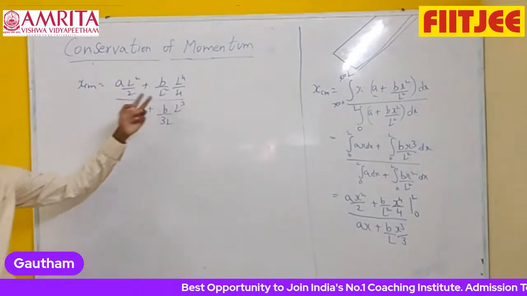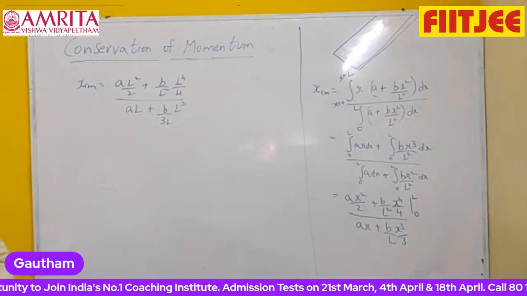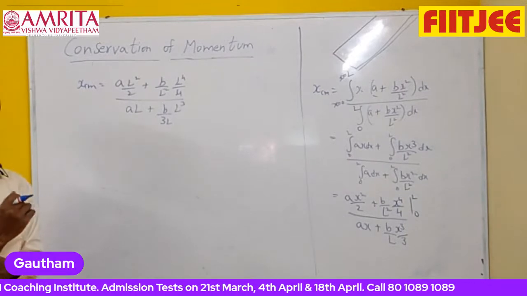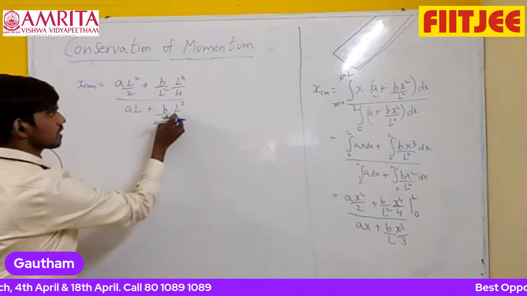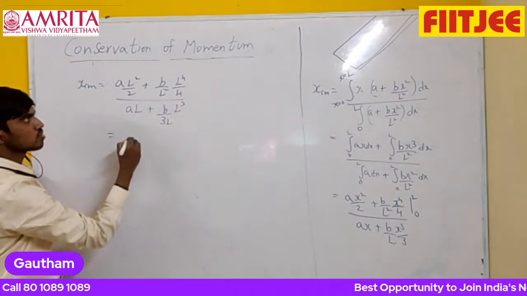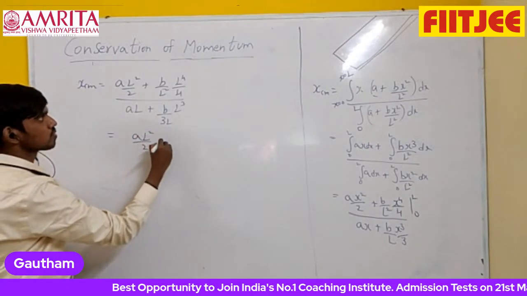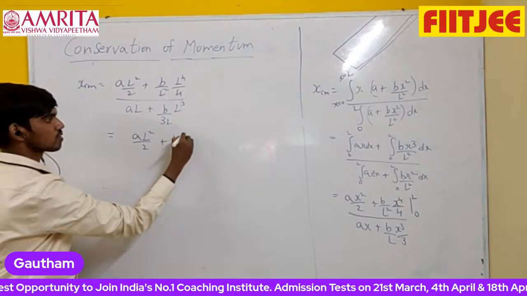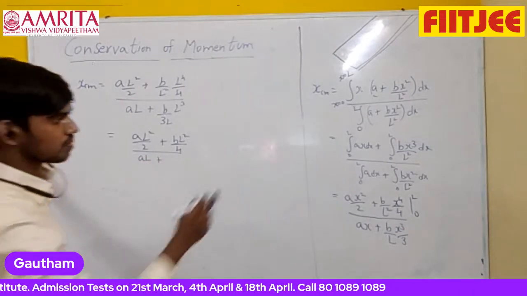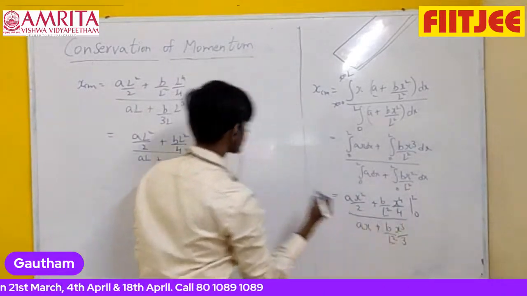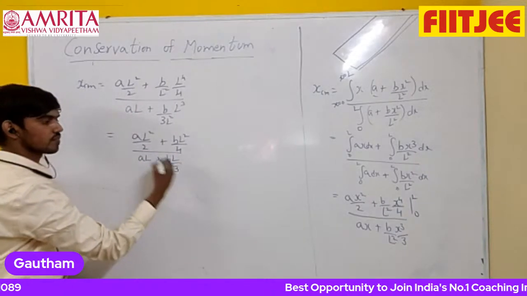Here we have L square and L square, so finally we simplify and cancel the L. This will be AL square by 2 plus BL square by 4, divided by AL plus B by L square into L cube, that is BL by 3.